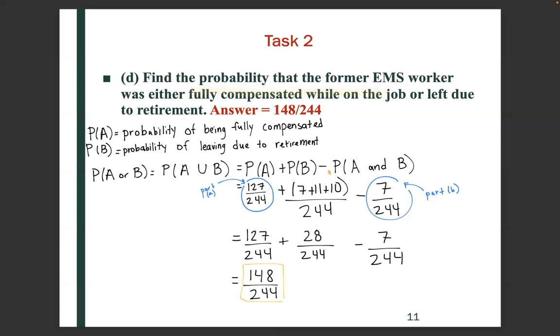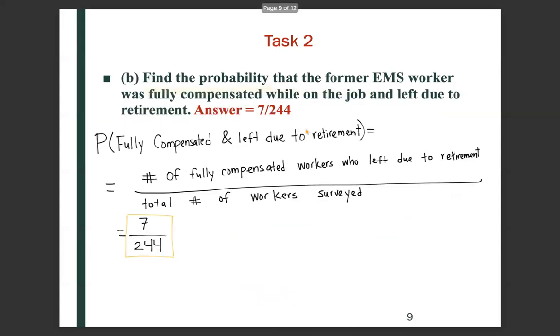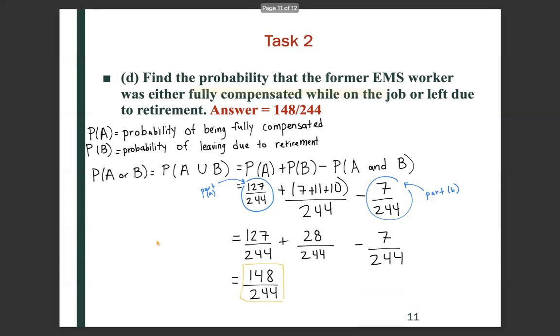And then we want to subtract the probability of A and B, or A intersect B, which is the probability of them being fully compensated and leaving due to retirement. We found that in part B, which is 7 over 244.